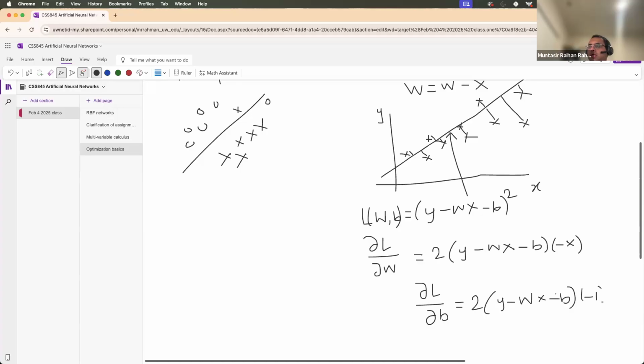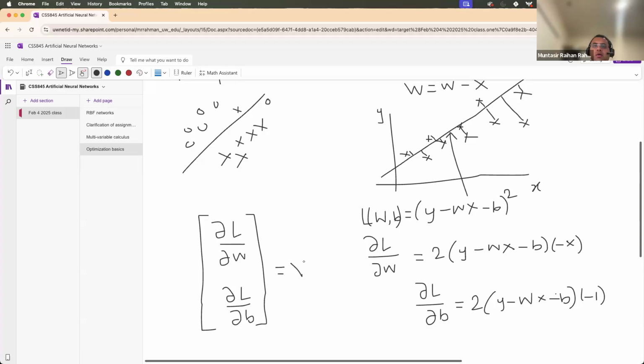Okay. And now what do we do to find the best values of w and b? Again, we're just going to set these to 0. These two terms, we can put together in a vector form, and this is what we call the gradient.